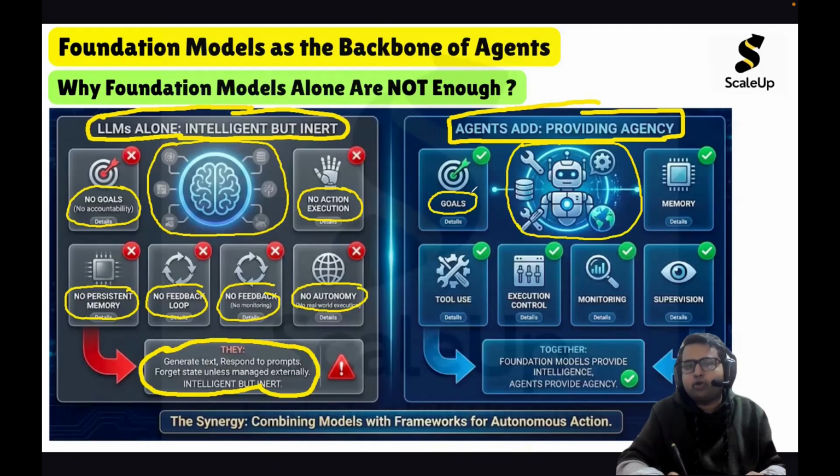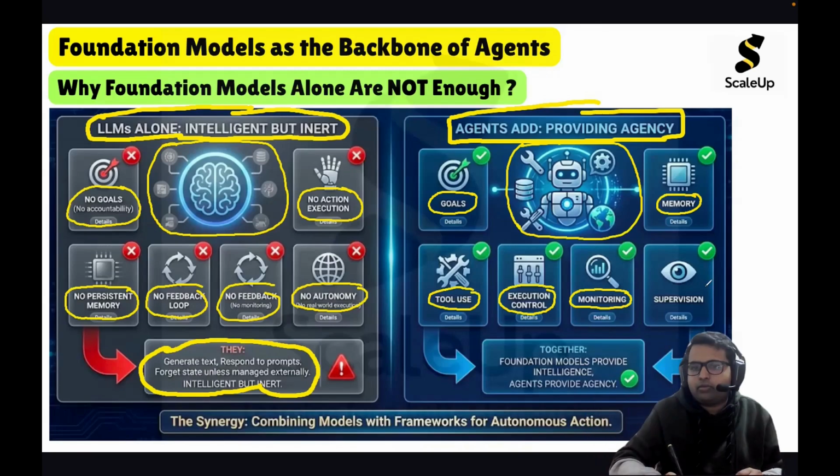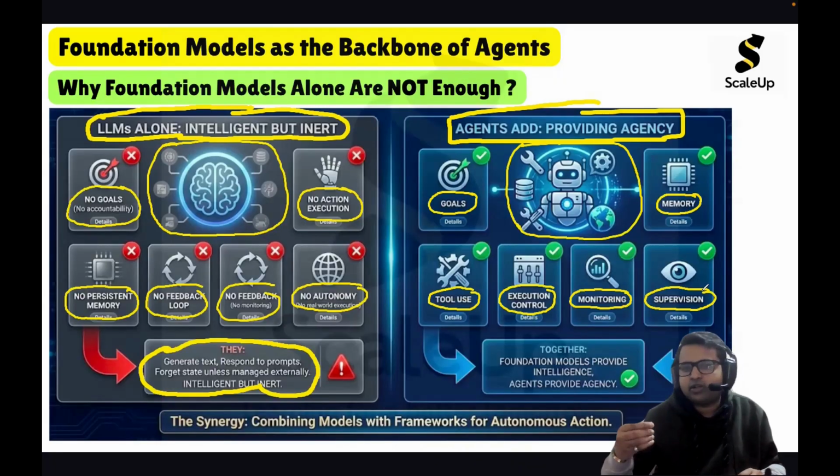Every agent will have a goal. It will have a memory wherein it will remember all the interactions. It can make use of tools, so it can execute actions. Execution control is there with the agent. It can monitor the outcomes of its actions, and human supervision is always there with the agent.